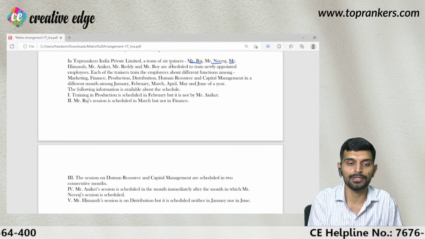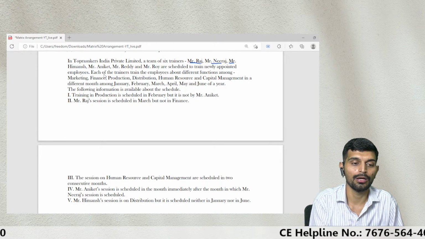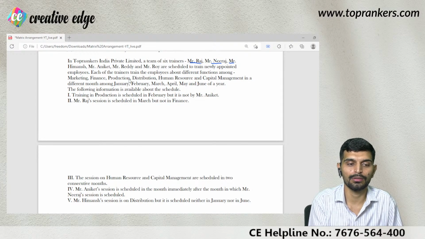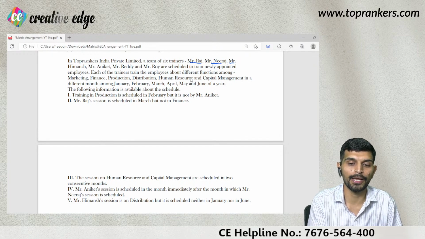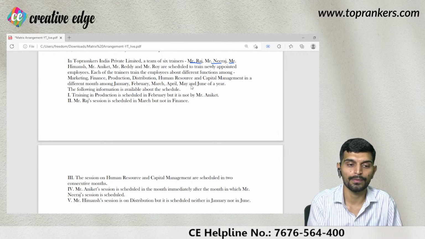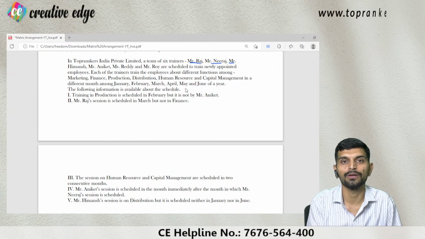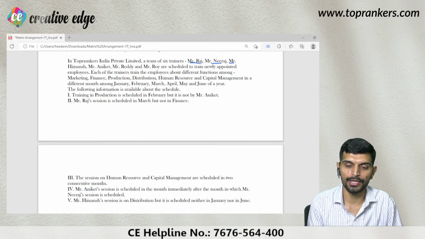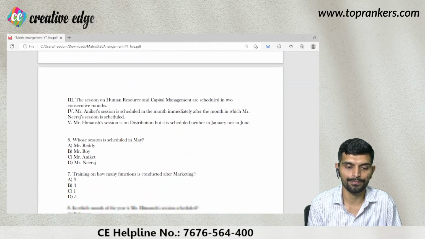So how many parameters do we have? Name of the trainer, then function, marketing, right? Second parameter is function. Third parameter is month, right? So there are three parameters: month, function, and name of trainer. So let's try to develop the structure.